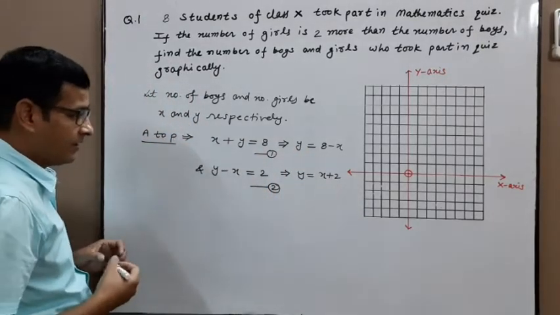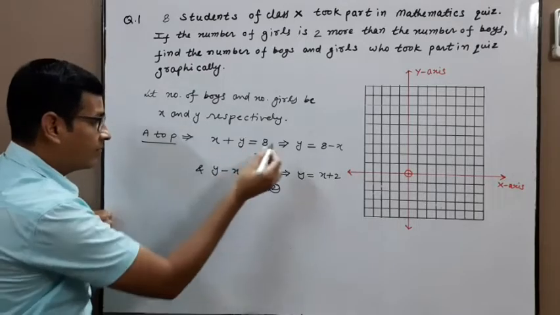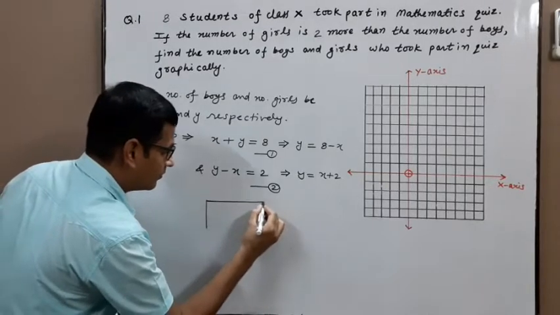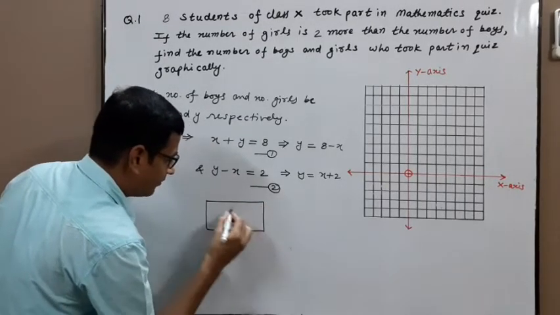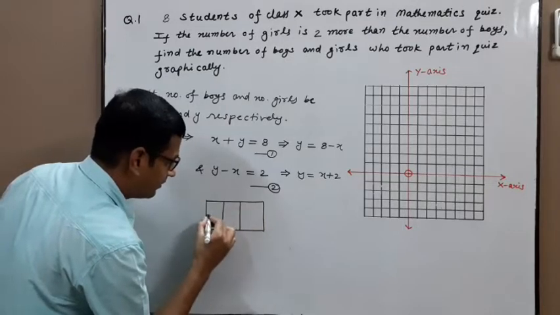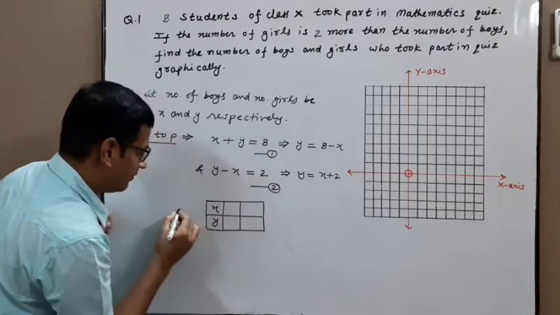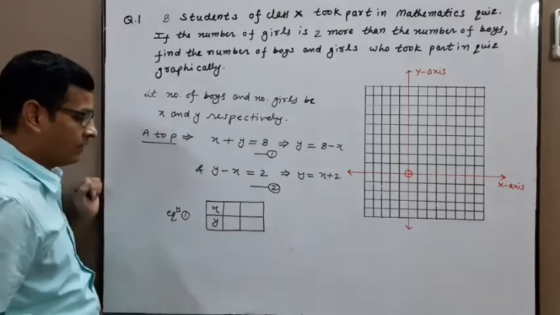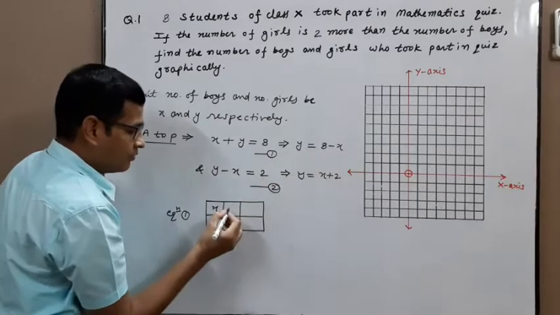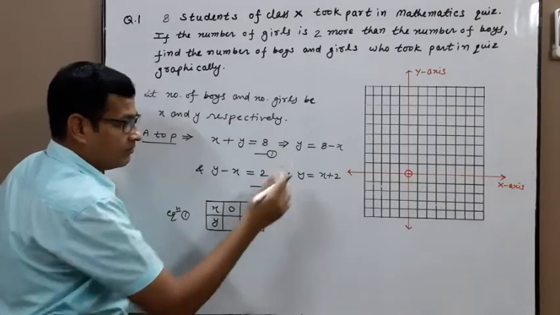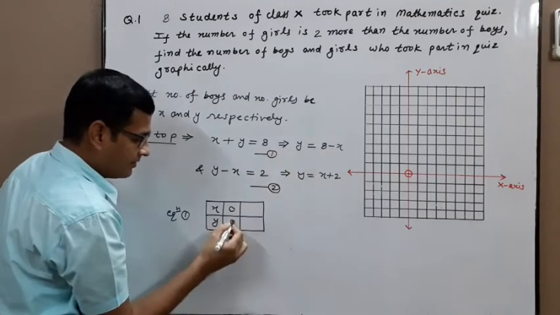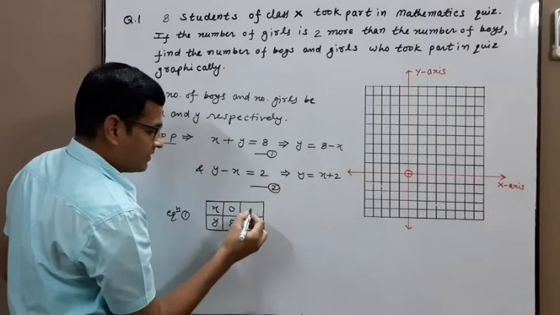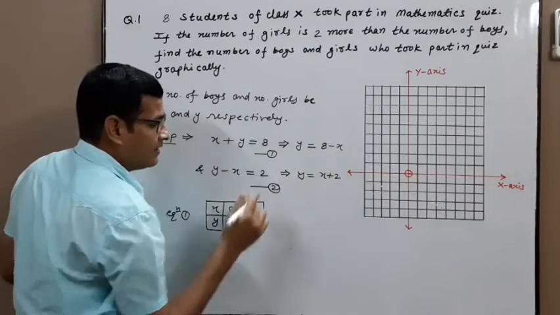Now take a few points and draw the graph of both the equations. For equation 1, x equal to 0, then the value of y is 8, and when x equal to 8, y equal to 0.